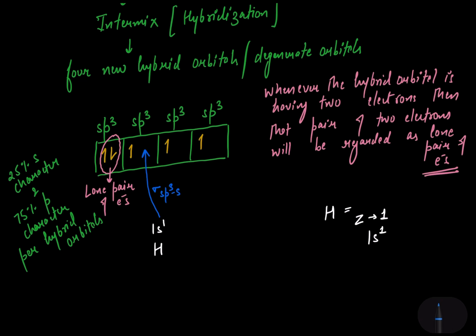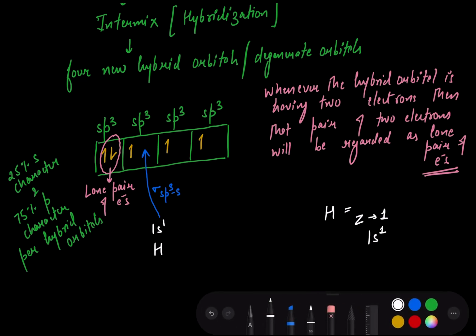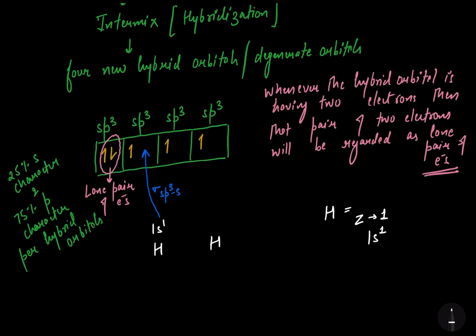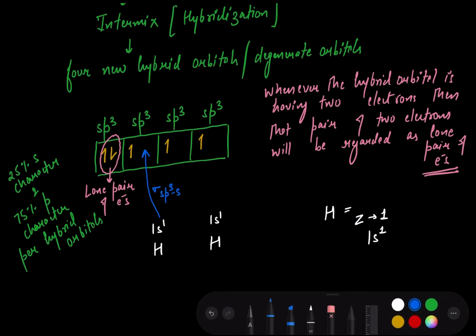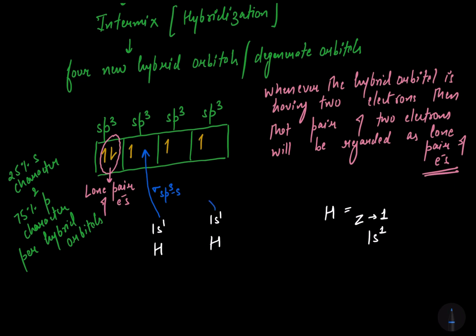Now let's talk about the second hydrogen. That's our second hydrogen. Its configuration is also 1s1. So this s orbital of hydrogen is going to have head-on overlap with the sp3 hybrid orbital of nitrogen to form the sigma bond. So we got the sigma bond again, and it will be sp3s again. Why so?